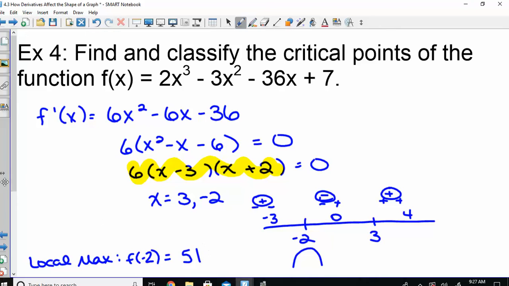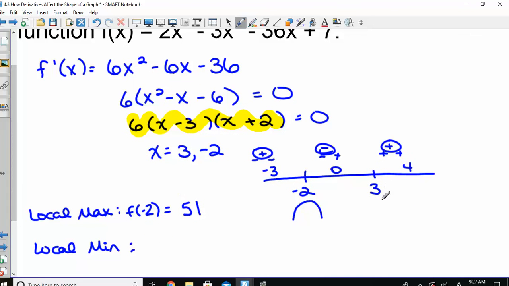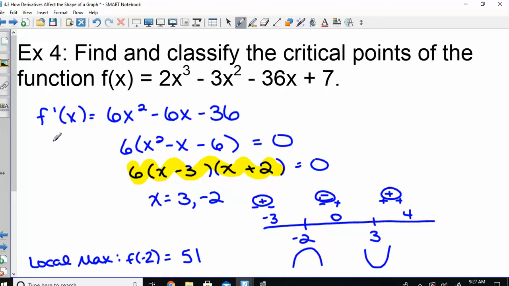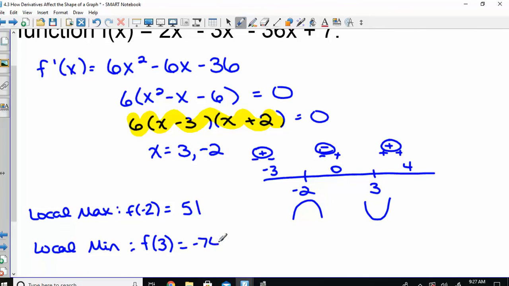Yeah, I think I dropped a negative there. At 3, it went from decreasing to increasing, so that one is a minimum. So plug a 3 in. -74. Are there any questions about that?